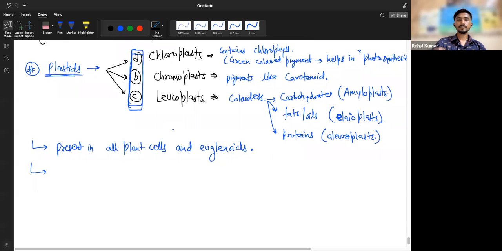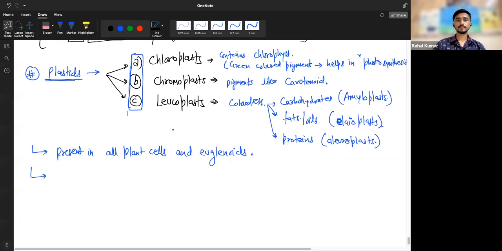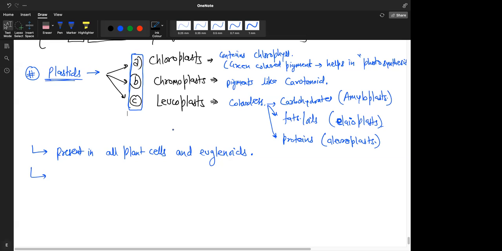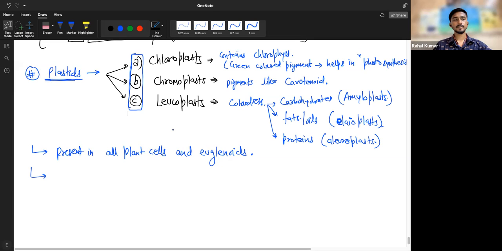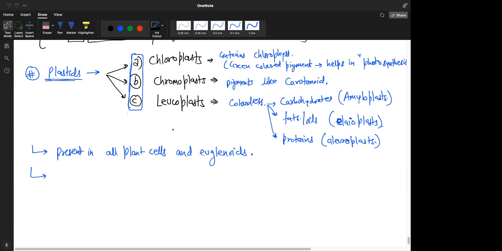Let me know when you are done making this flow chart. Done. So they can be of three types. The chart is done. Now write down.